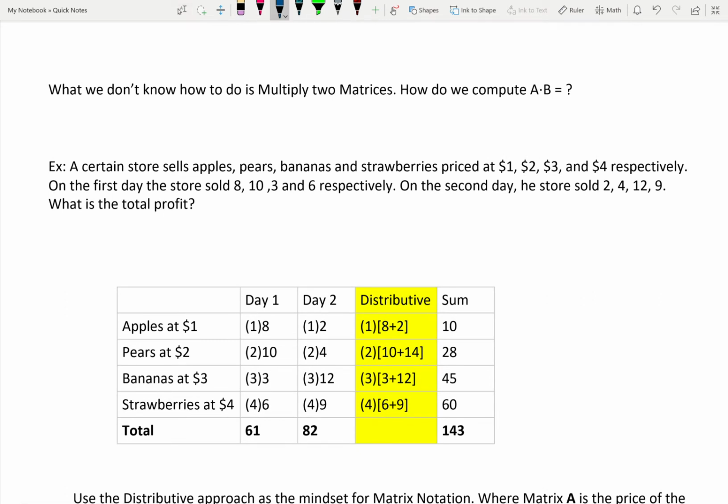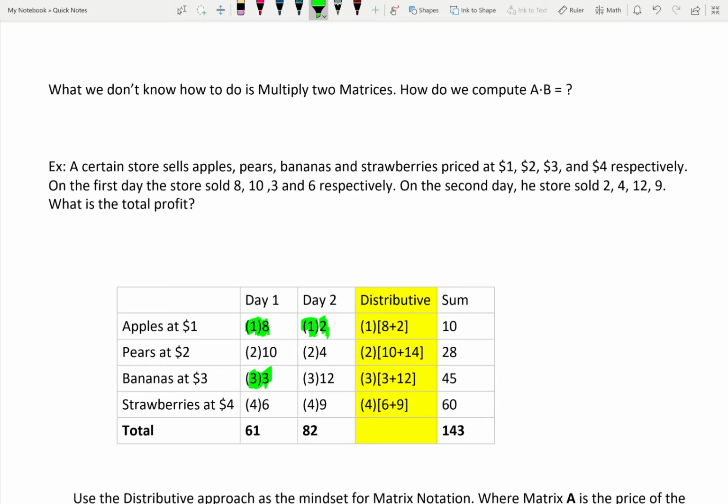So on day 1, we sold 8 apples, each priced at $1. On day 2, we sold 2 apples, each priced at $1, and so on and so forth, right? On day 1, we have 3 bananas priced at $3. Those are expensive bananas, by the way, and so on and so forth.